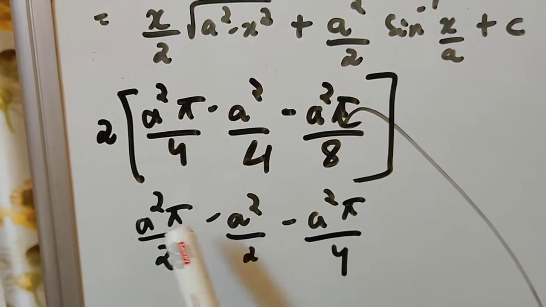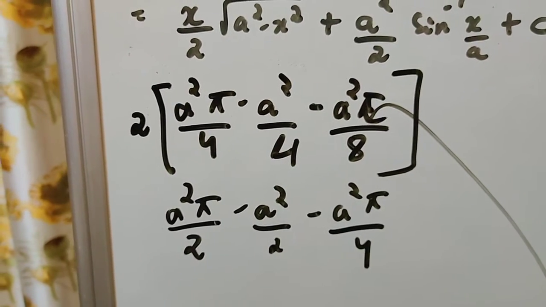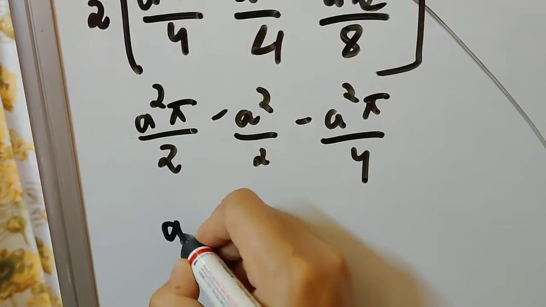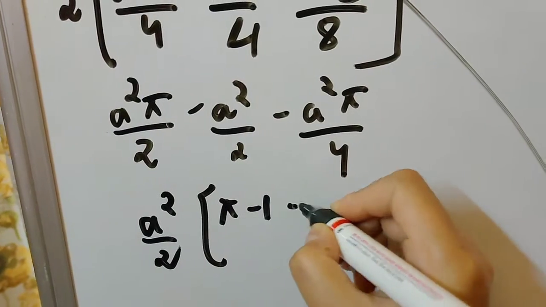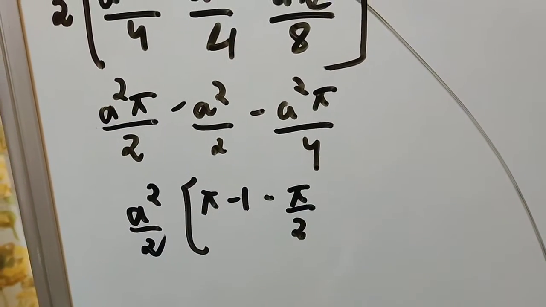Now this 2 and this 2 we can take common. If I take a square by 2 common, what remains is pi minus 1 minus pi by 2.